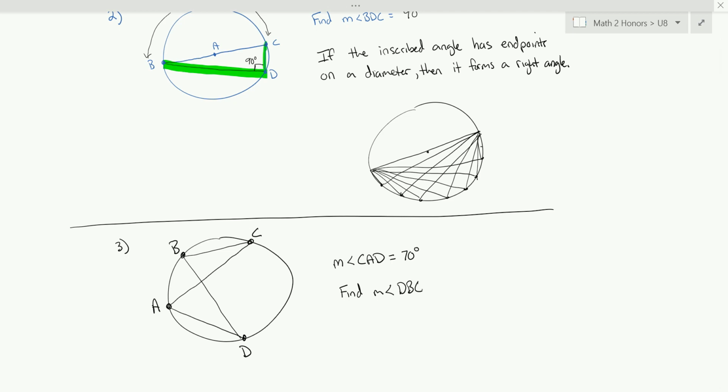The measure of an inscribed angle is half the measure of its intercepted arc. It should be enough for you to solve this one.